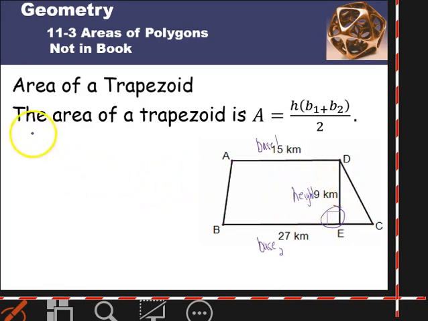So the formula is the height, which is 9, times base 1, which is 15, plus base 2, which is 27, divided by 2. Now, it doesn't matter which one you call base 1 and which one you call base 2. You'll get the same answer either way. So I'm going to add 15 and 27, and I get 42.